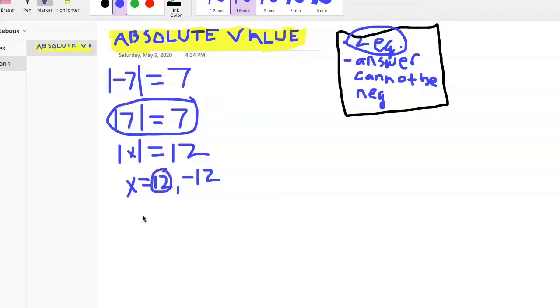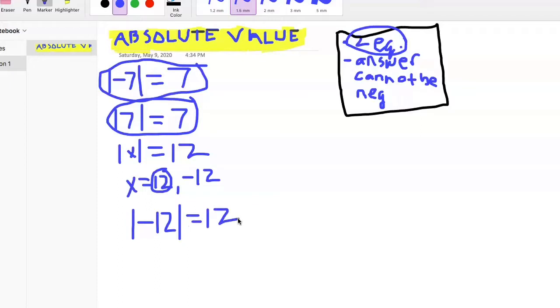So the absolute value of 12 would equal 12, and the absolute value of -12 is just the positive number, so it's also 12. And that's how we get 12 and -12. Don't overthink this. There are always going to be two answers, one positive, one negative, in a case like this.